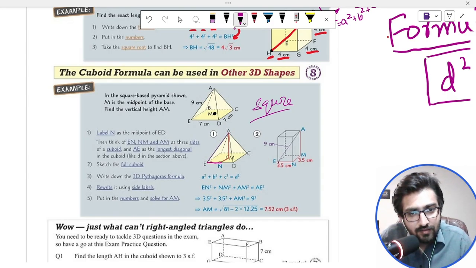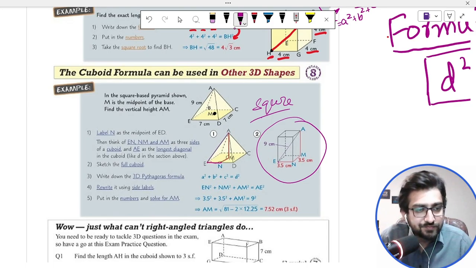Actually, I will convert this portion of the square based pyramid into a cuboid. This is a cuboid. I will convert it into that form. How? This is the side. By the way, this line is not there in this shape. It will be like this. It is not there, but actually we want to make it.